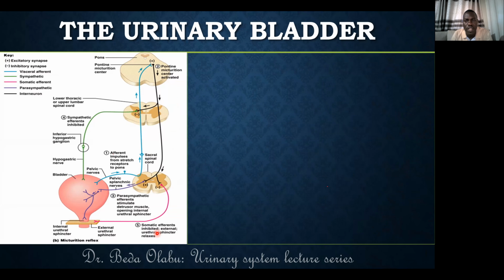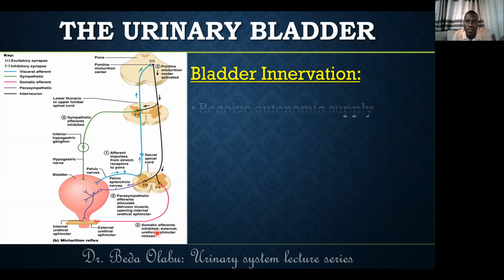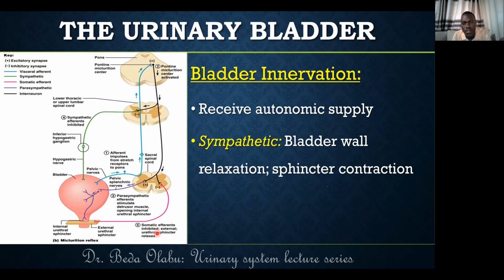Let's talk about the nerve supply to the urinary bladder. The bladder receives autonomic supply. So that means both sympathetic as well as parasympathetic. The sympathetic supply to the urinary bladder largely causes bladder wall relaxation and urethral sphincter contraction.